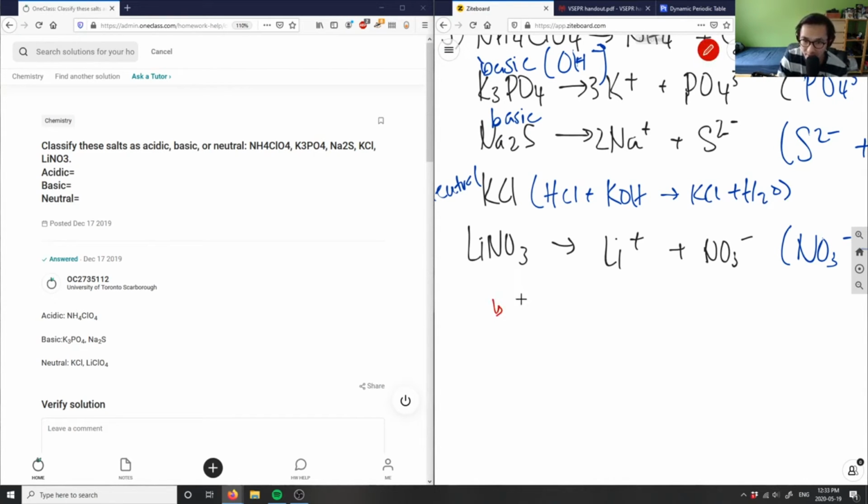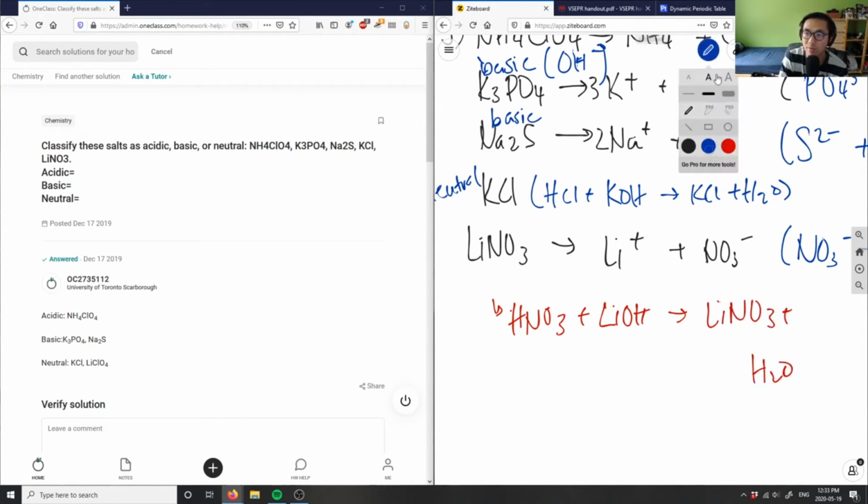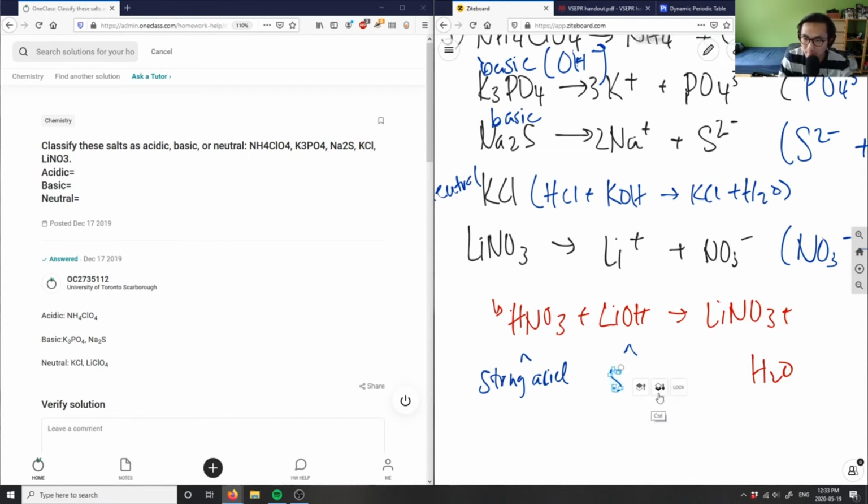So you can think of this as HNO3 as my strong acid plus lithium hydroxide would get me lithium nitrate plus water. In both of these cases here, I have this here is a strong acid, this here is a strong base, which means this salt has to be a neutral salt here.